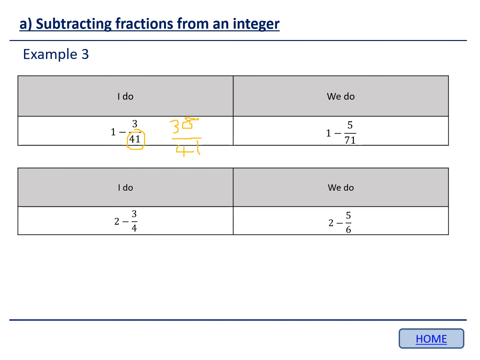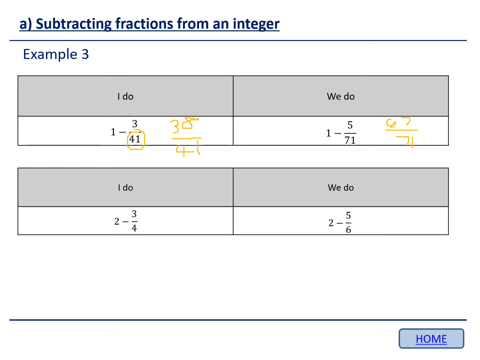So the answer for this first one would have been 67 over 71. This I do, now it's asking for 2. Okay, 2 wholes take away 3/4. Well we know again that 4/4 equals 1 whole one.